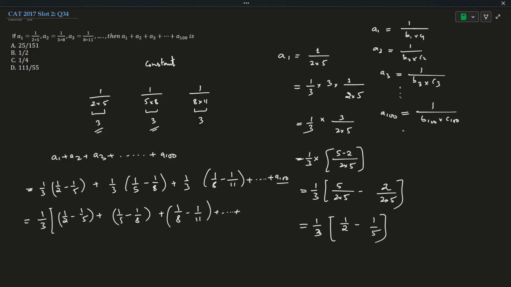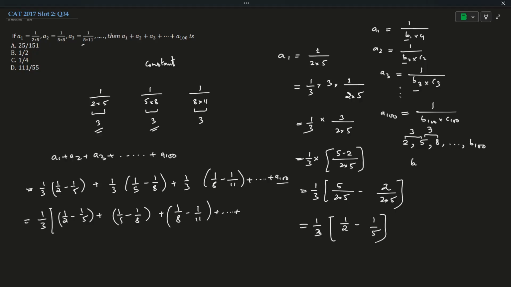Okay, now what is b1, right? b1 is 2. What is b2? b2 is 5. What is b3? b3 is 8, dot dot dot till b100. Now this is an arithmetic progression or AP, right? The common difference is 3 everywhere.